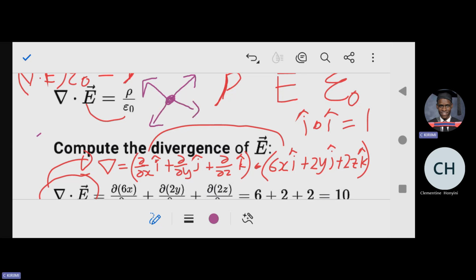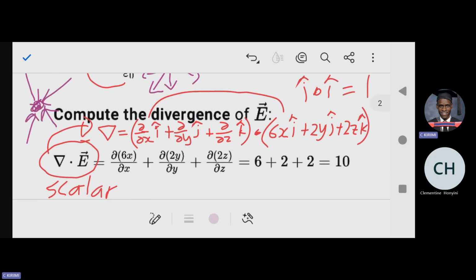When you talk of convergence, the arrows are into that point, coming to one certain point. That is the difference. The divergence you calculate by dotting grad with the electric field E, giving the divergence of that electric field.